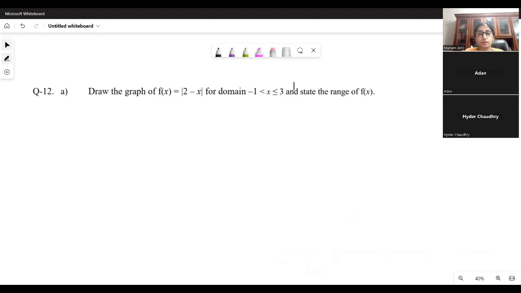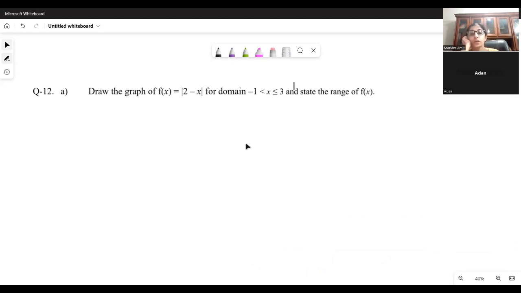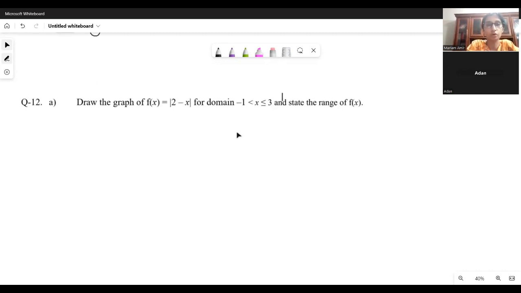Allah Hafiz. Okay, question number 12. Draw the graph for fx equals modulus of 2 minus x for this domain and state the range. Okay, so first we draw a general graph of 2 minus x, and then we look at that domain. For now we're only worried about this. So what is going to be the x-intercept of the turning point?